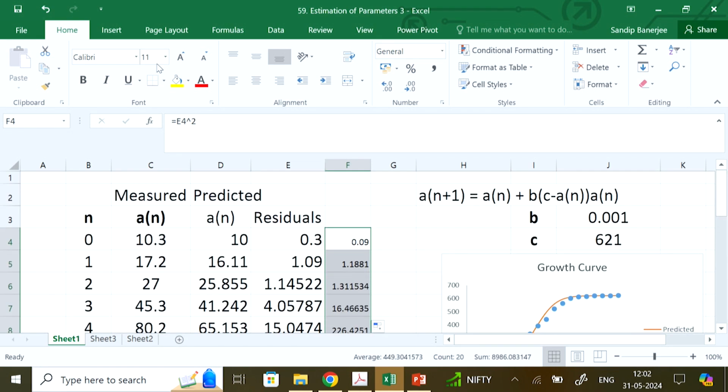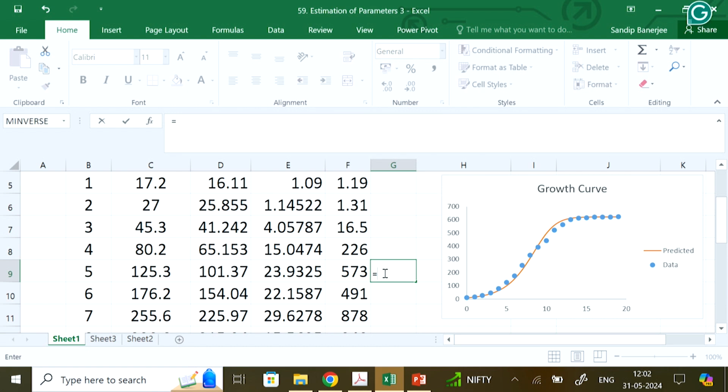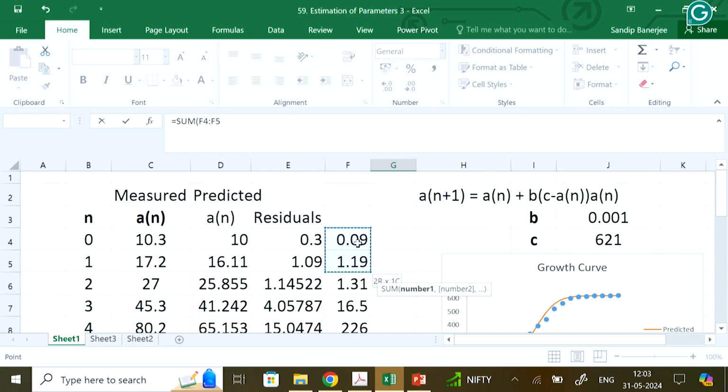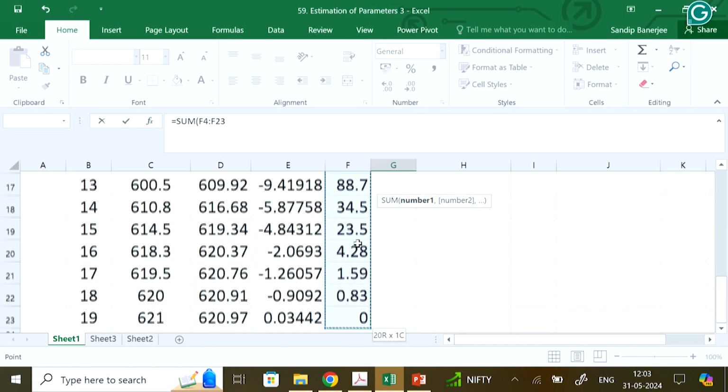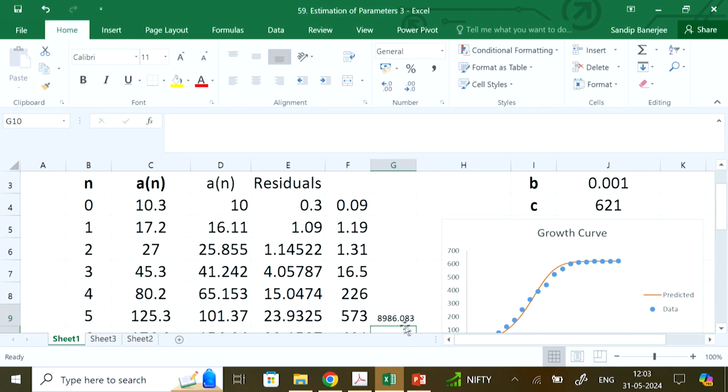Once you get the residual square, you have to calculate the sum, which is equal to the sum of the squares of the residuals. So I got the sum. Since this is quite a good match, this value is not going to change much. That was just a guess and it matches very well.